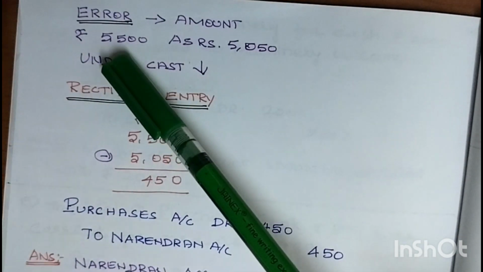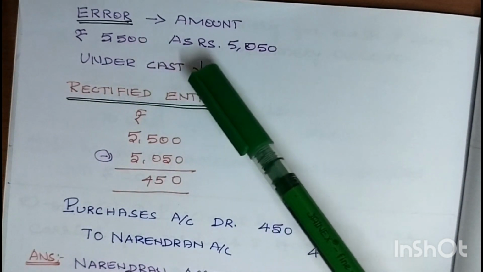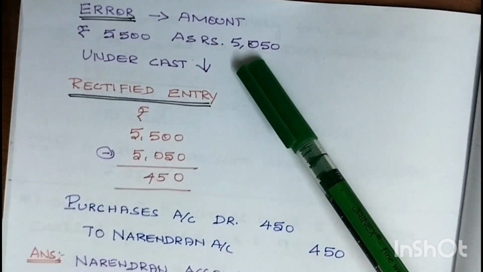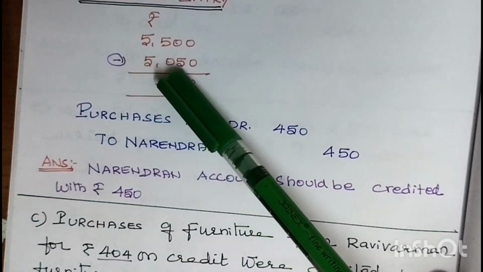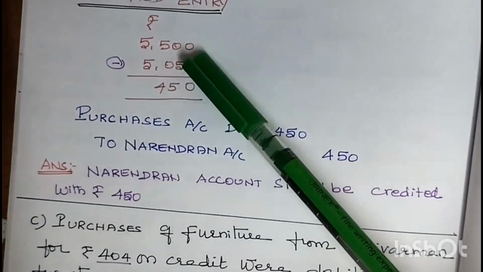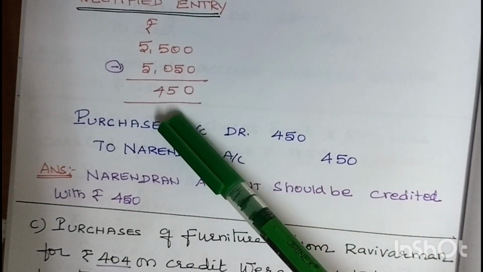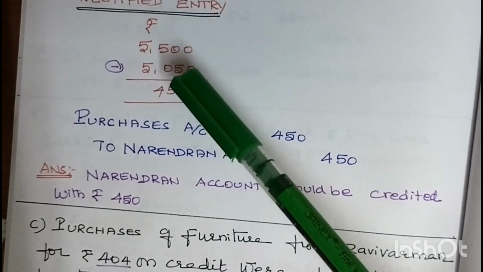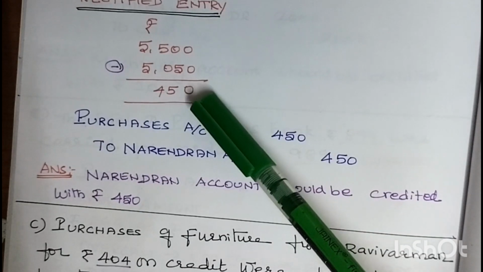Now we have to find out the difference value. We can't enter 5,500 or 5,050. We have to find out the difference. So, we have to subtract 5,050 from 5,500. We will get 450. So, we have to enter the difference value. Then only the error will be rectified.